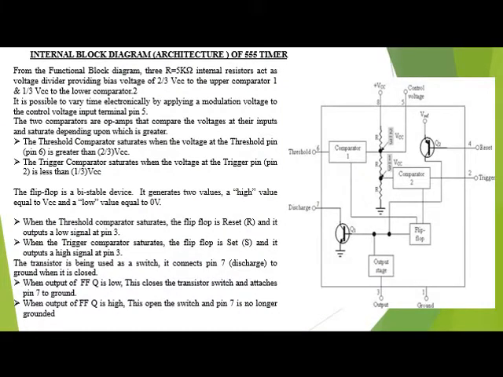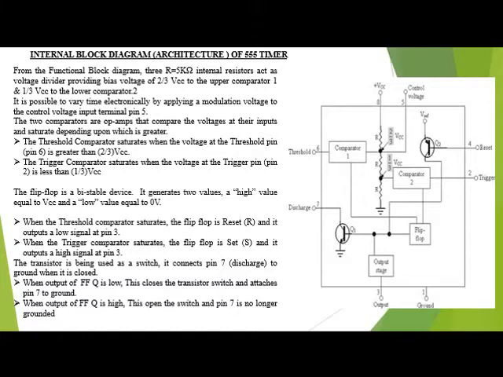the previous slide. We are discussing the pin diagram and the detailed description of the pins. Now we are discussing the internal block diagram, or internal architecture, of the 555 timer.